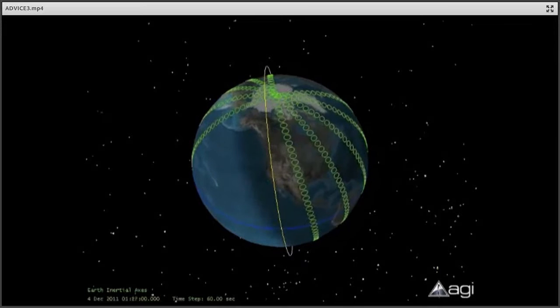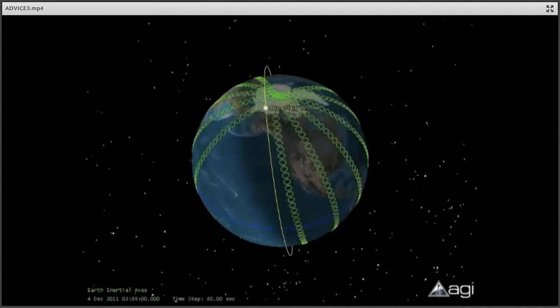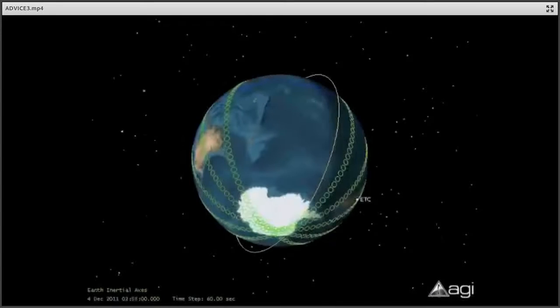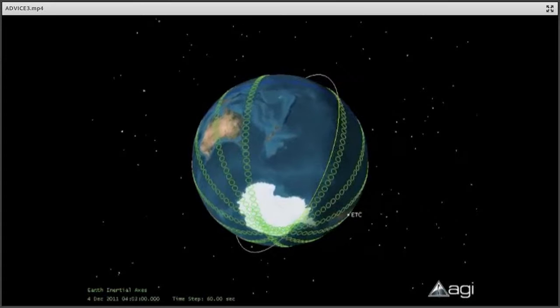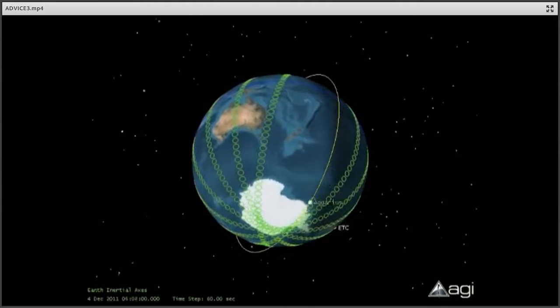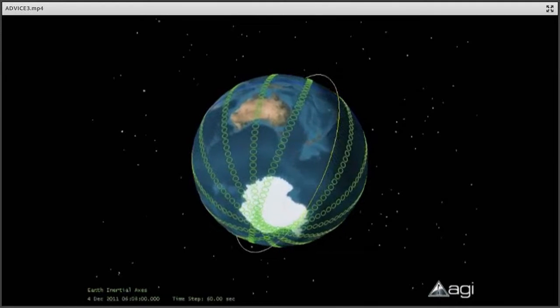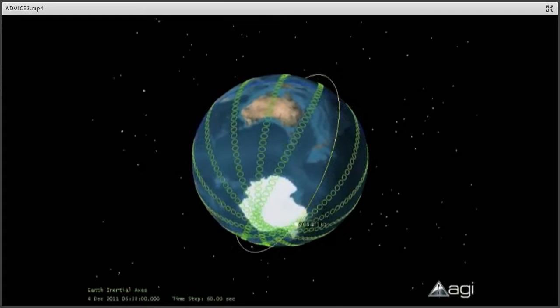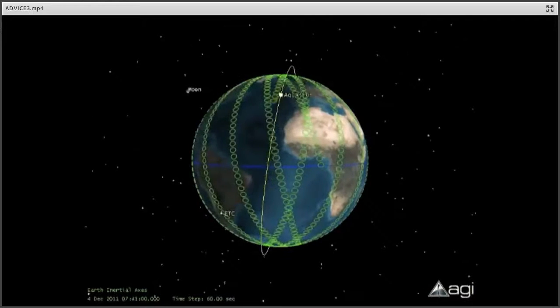orbit and sensor design. Now Aquarius, even though the operation has ended in June, the Aquarius project is still improving the data and providing the last version of the Aquarius data, which will be version 5, sometime later this year or next year.